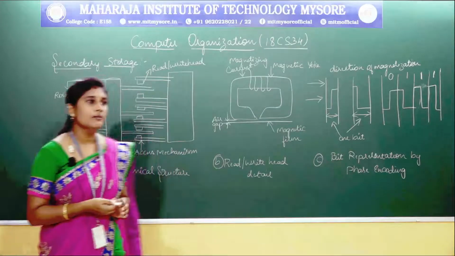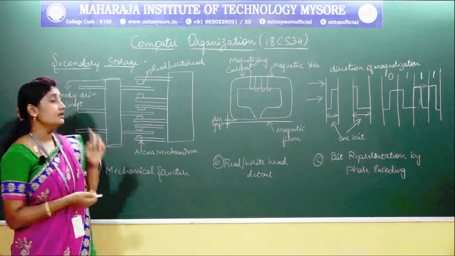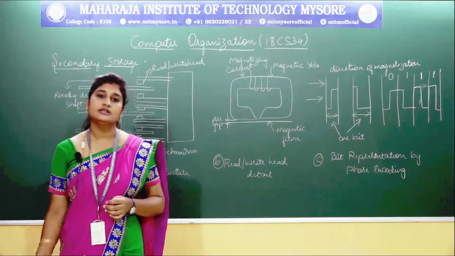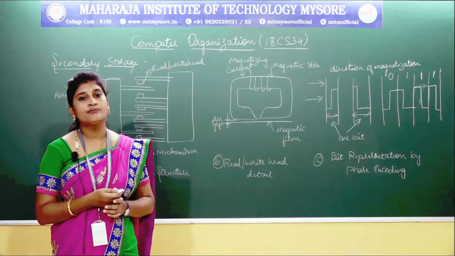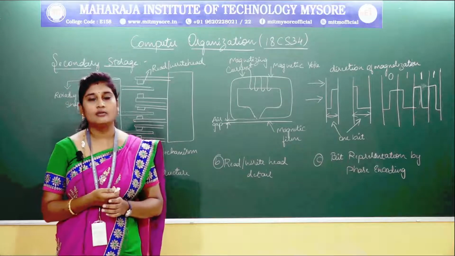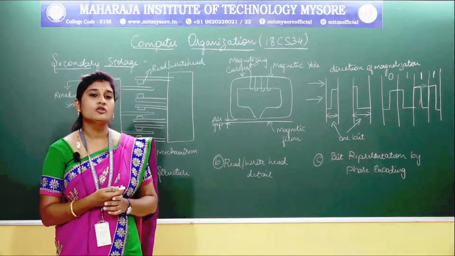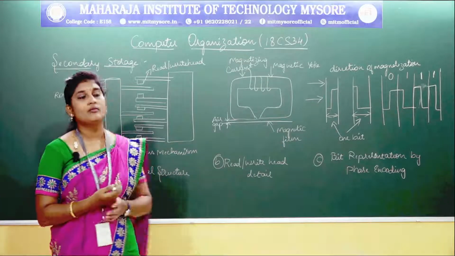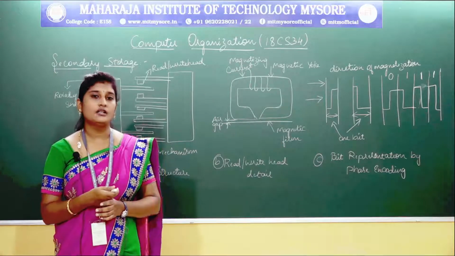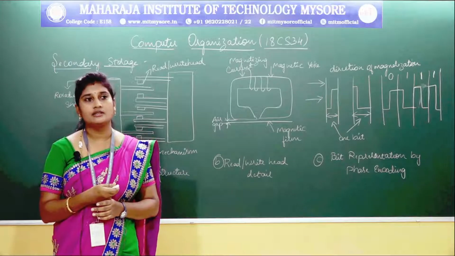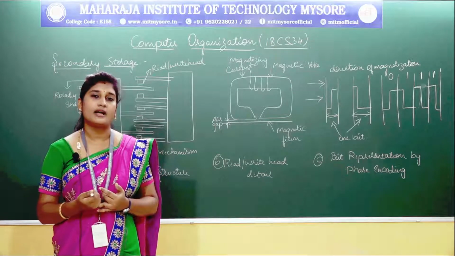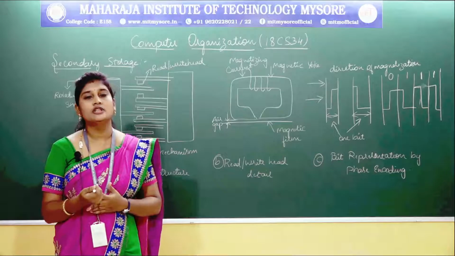Fine. Coming on to the secondary storage, as you already know, semiconductor memories are small and volatile, so we switch to larger non-volatile memories, that is the secondary storage memories. It might be any of the storage devices, such as magnetic disks, magnetic tapes, CD drives, CD-ROMs.